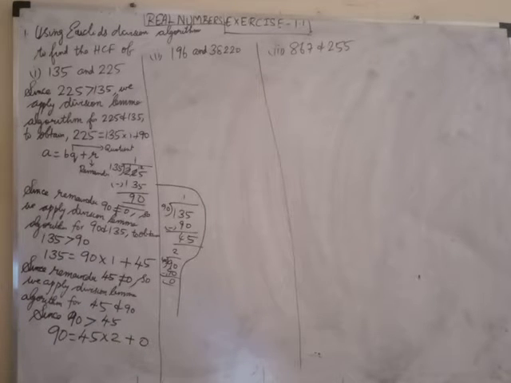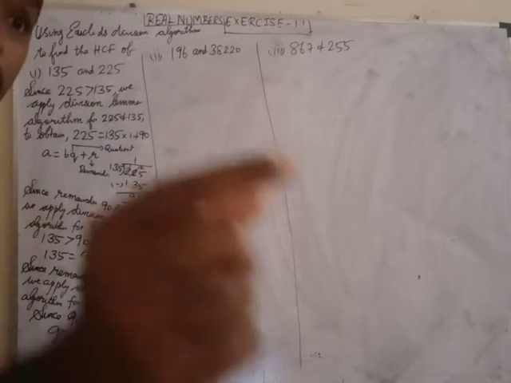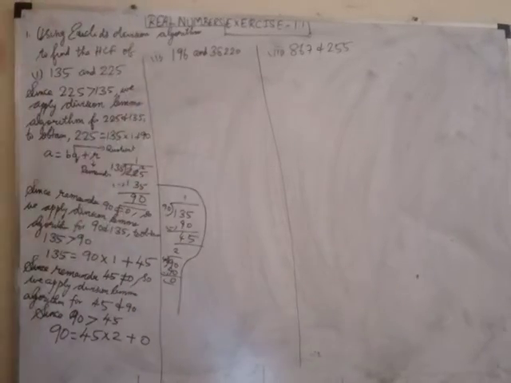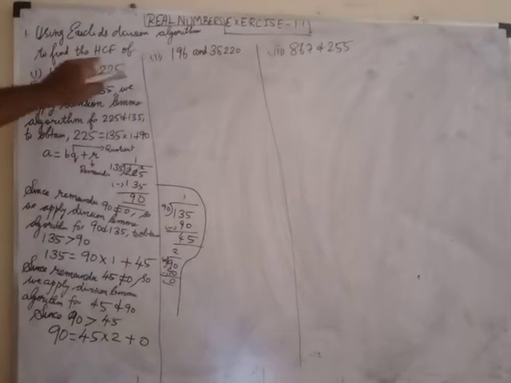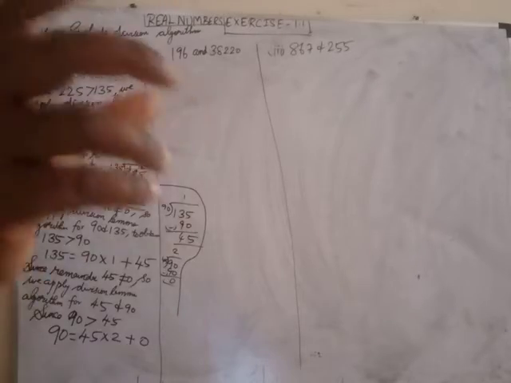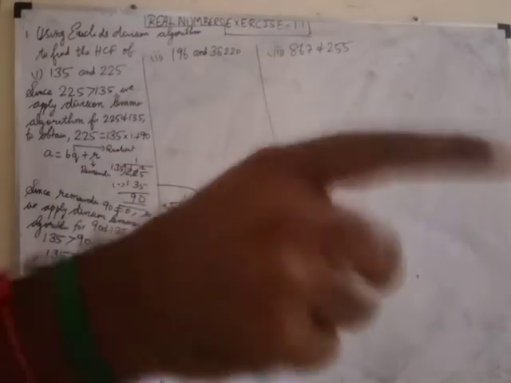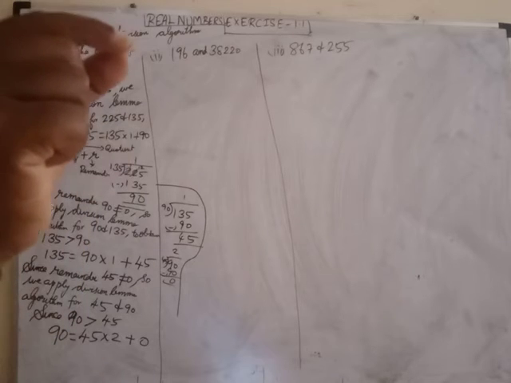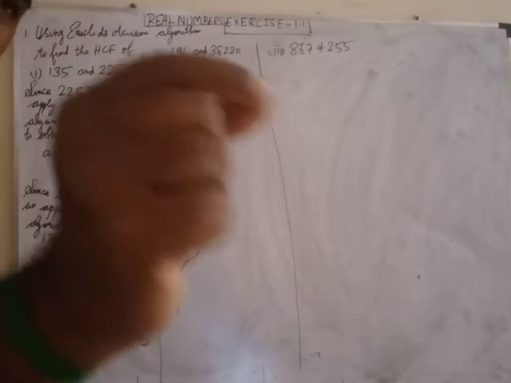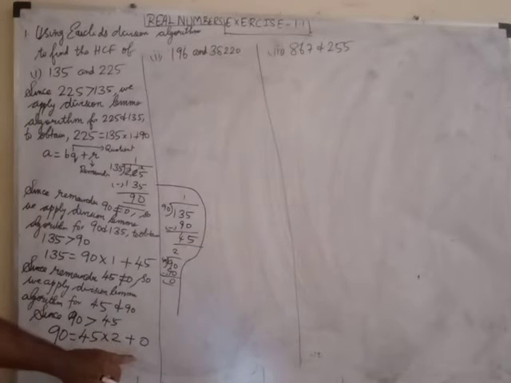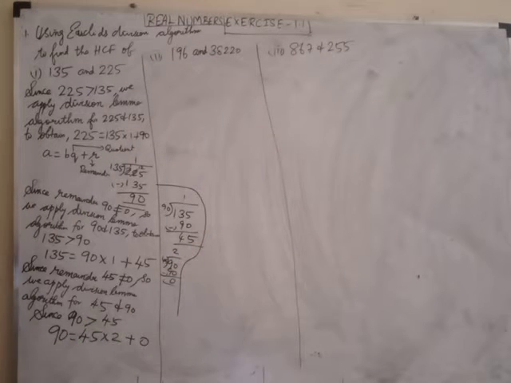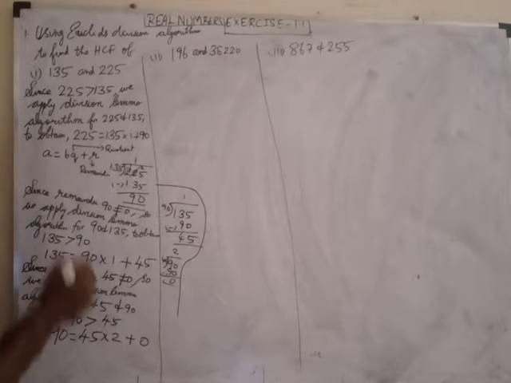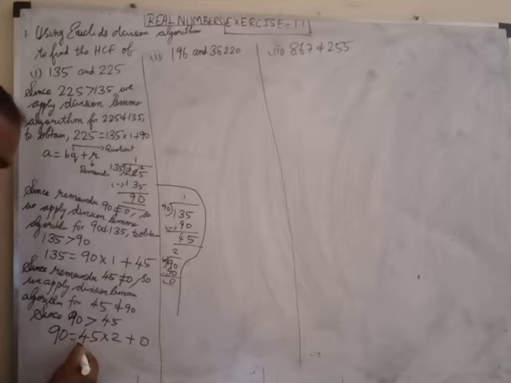Our target, as per Euclid's division algorithm, is to find the HCF. What is the rule of Euclid's division algorithm? When the remainder comes 0, which would be the divisor? 45.